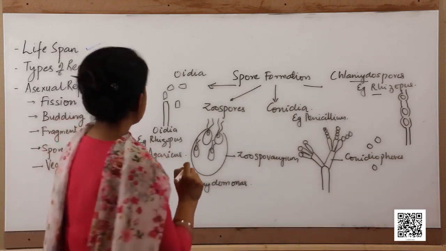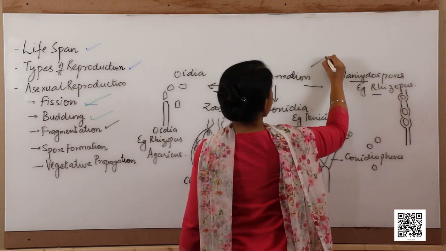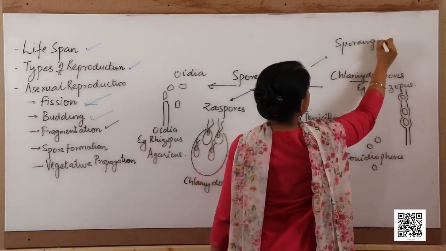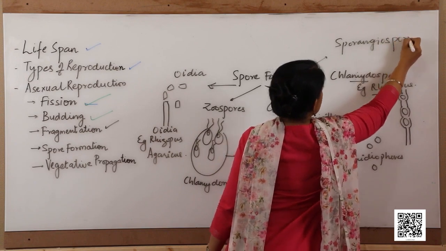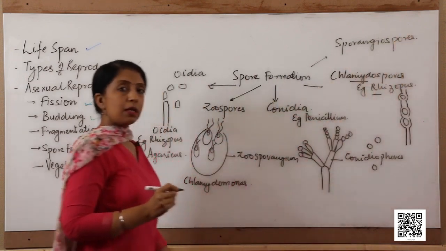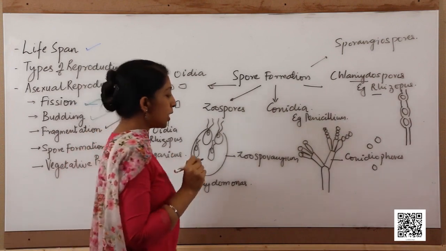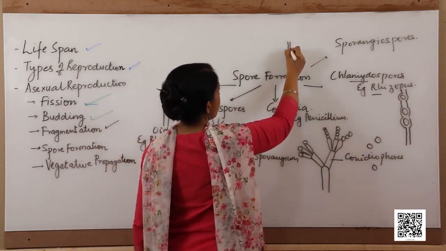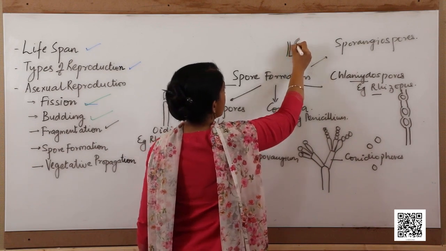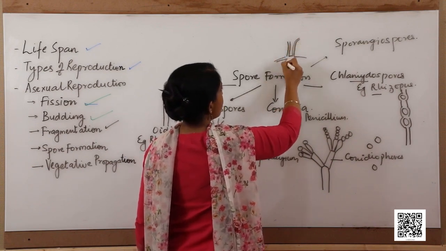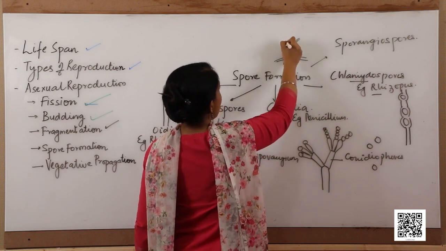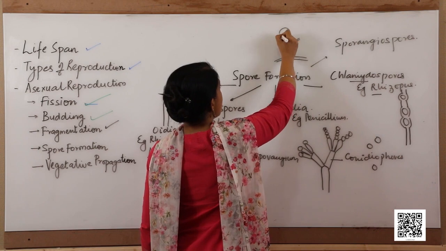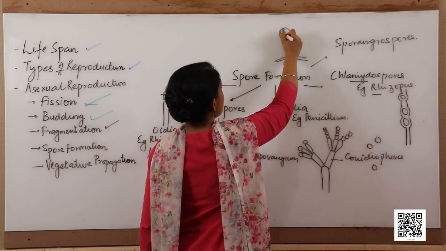Another type of spores are the sporangiospores. Sporangiospores can be seen in Rhizopus on specialized hyphae called the sporangiophores. So if you can see here, this kind of hyphal structures have a structure called sporangium on them, and inside the sporangium, these spores are formed.